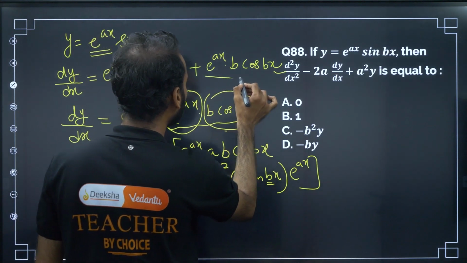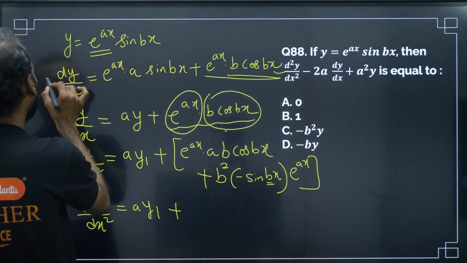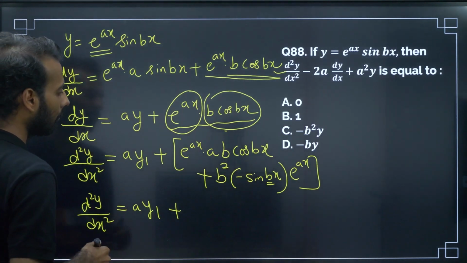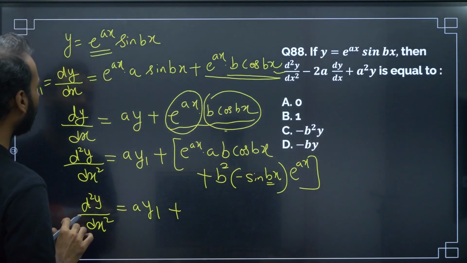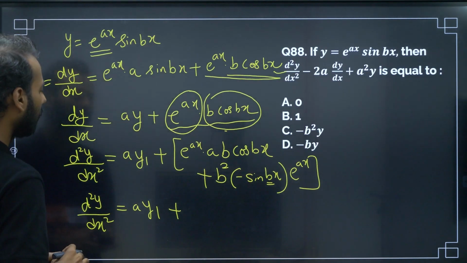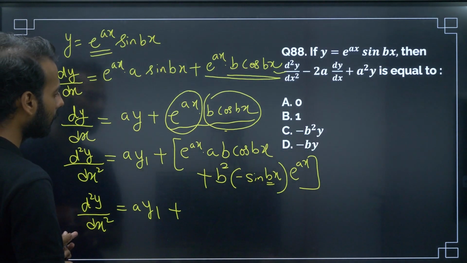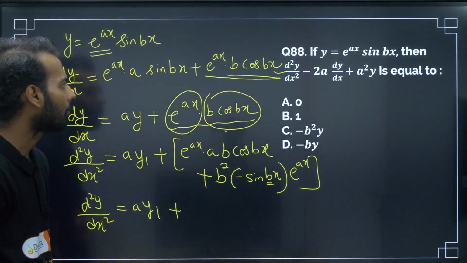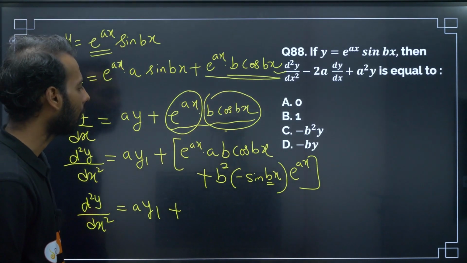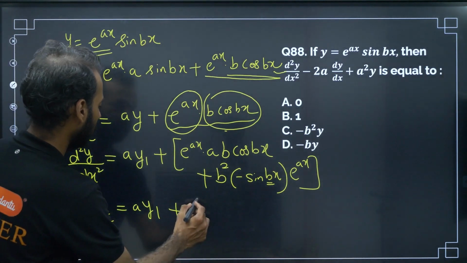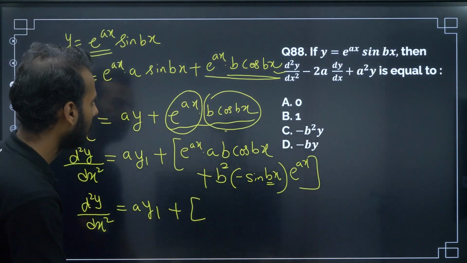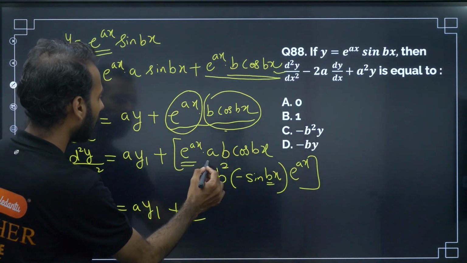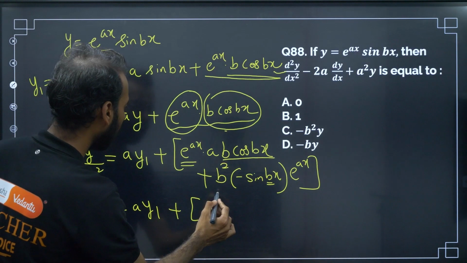See here, in e raised to ax cos bx, we are having some expression in y1. What is that expression? e raised to ax b cos bx, a I am writing as it is.